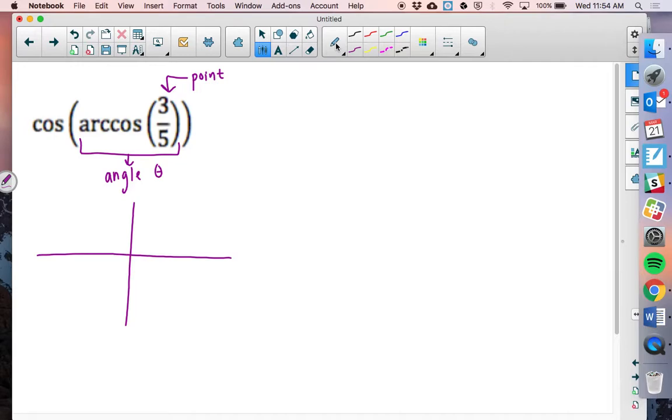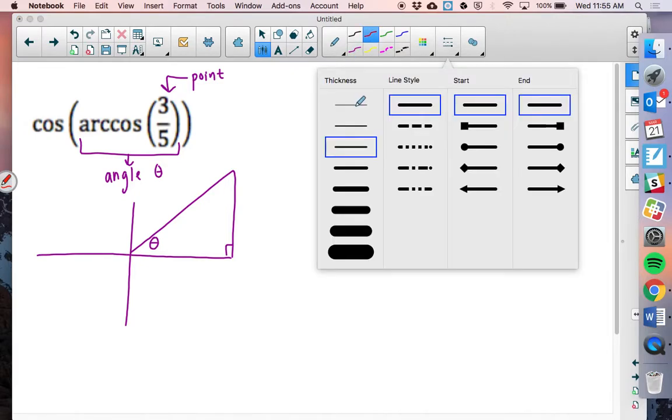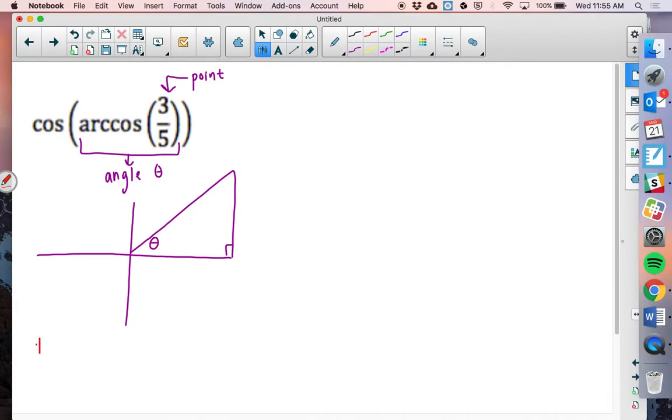So I'm going to go ahead and draw this in the first quadrant, and the reason I'm doing that is because cosine is positive in the first quadrant and 3 over 5 is positive. So I'm going to make a note of that below, and I'm going to say, first of all, I know to do a triangle because 3 over 5 is not on the unit circle.